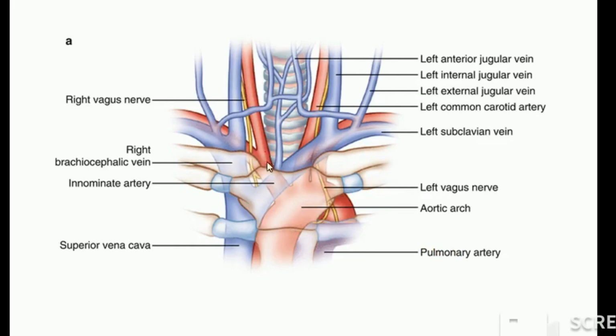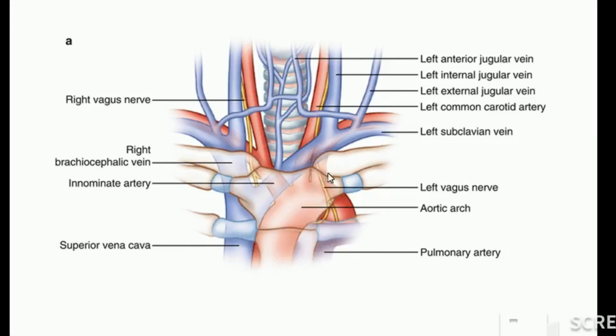Now after they begin in the thorax, they ascend anterior to the trachea. So you can see here, these are the carotid arteries on both the sides, and they will ascend anterior to the trachea, and they will be located just a little bit to the left. They are both directed a little bit towards the left, okay, and they will ascend posterior to the sternoclavicular joint.